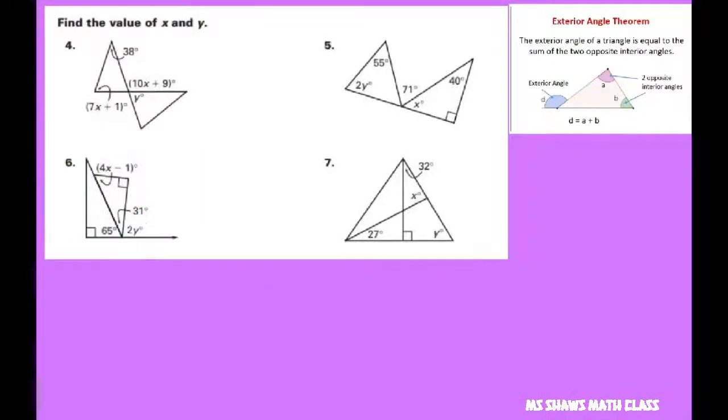And for the last one, number 7, I'm going to first find y. I'm just going to look at this triangle here and not look at anything else. So we have 32, 90, and we have to find that angle.